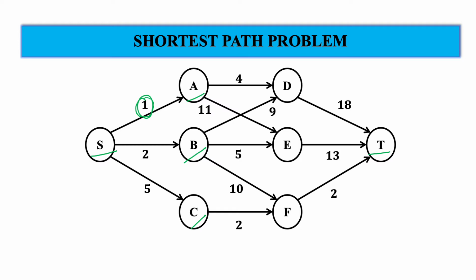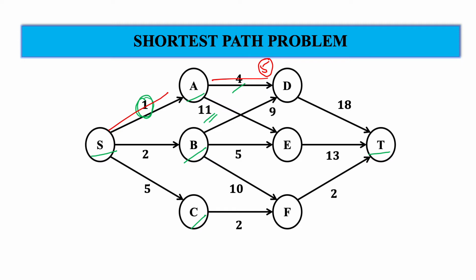Okay, now we come to node A. From A we are having two paths, A to D and A to E. So which one is minimum? A to D is 4 units, A to E is 11 units. So A to D is minimum. So from S to D we are having 1 plus 4 equals 5 units.